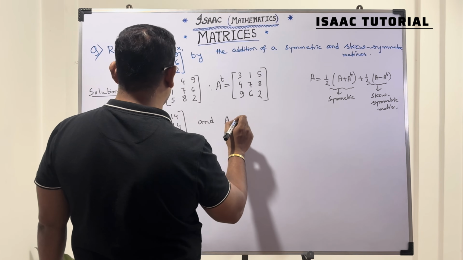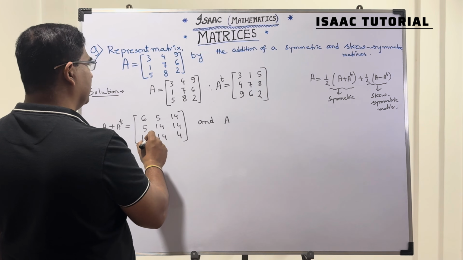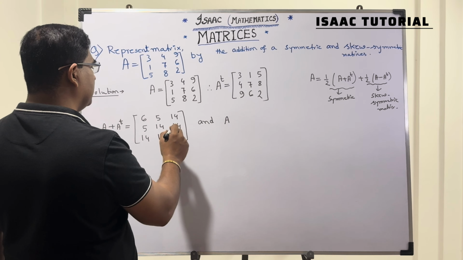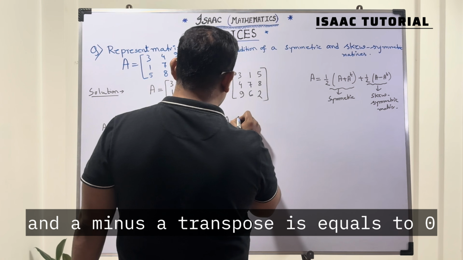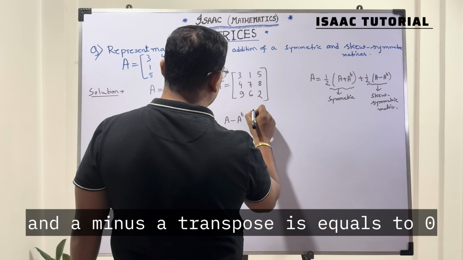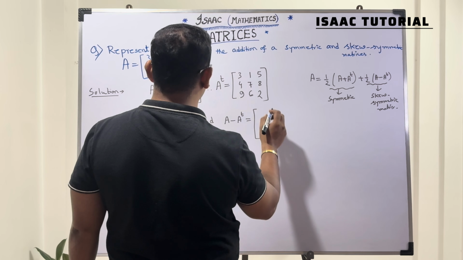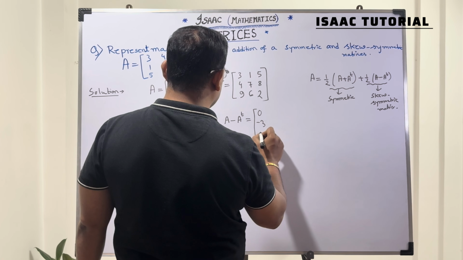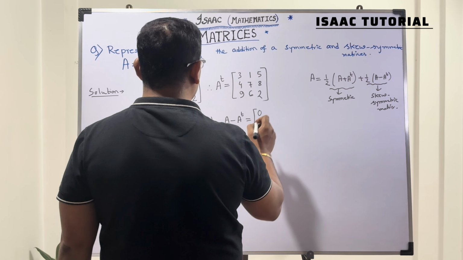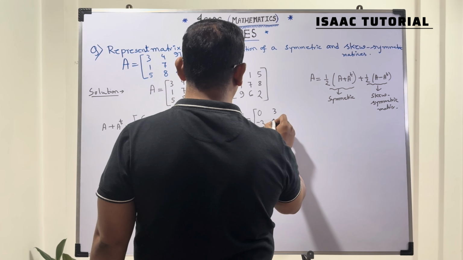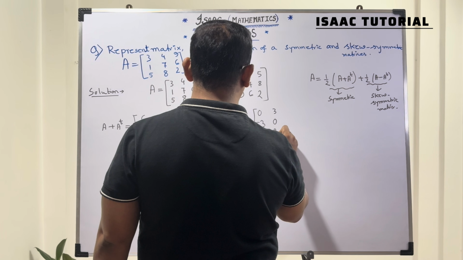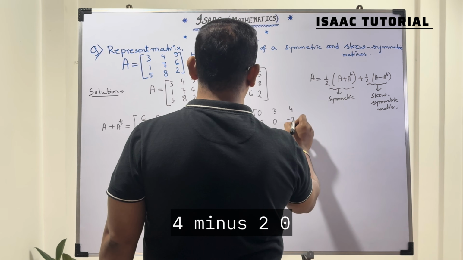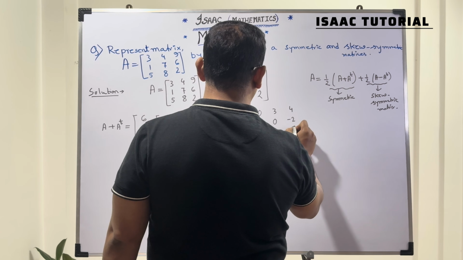And A minus A transpose is equal to 0, minus 3, minus 4, 3, 0, 2, 4, minus 2, 0.